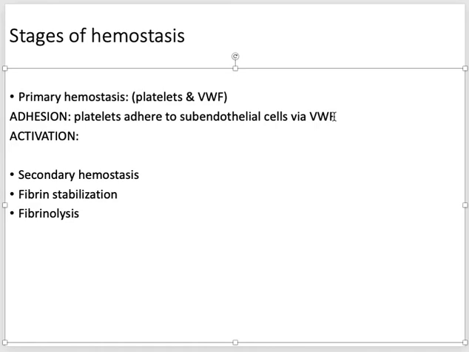Once the platelets are attached to the von Willebrand factor, they are activated, and once activated, they change their shape and release two things: ADP and thromboxane A2.